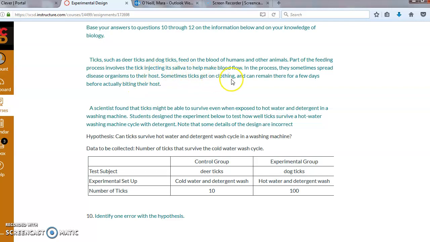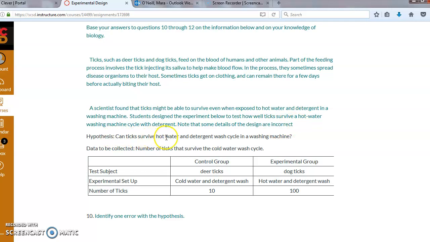Sometimes ticks get on clothing and can remain there for a few days before actually biting their host. A scientist found that ticks might be able to survive even when exposed to hot water and detergent in a washing machine. Students designed the experiment below to test how well ticks survive a hot water washing machine cycle with detergent. Note that some details of the design are incorrect.